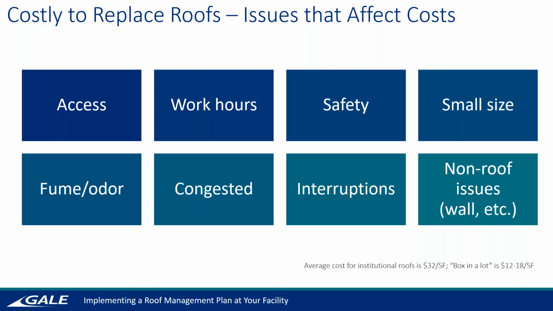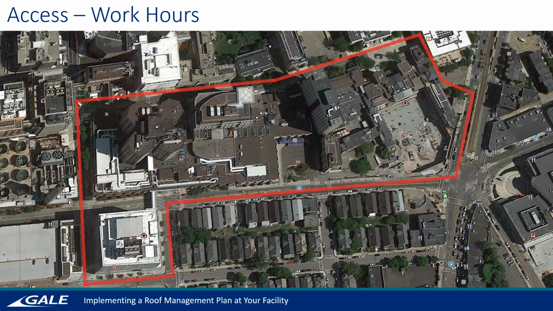So here's an example of access and work hours. In this particular scenario, we can see that the university is situated in a central part of town at a corner condition, and you have these avenues that run parallel to the university there. In order to bring materials in, you'd have to shut down the roads to get the materials to their primary location.